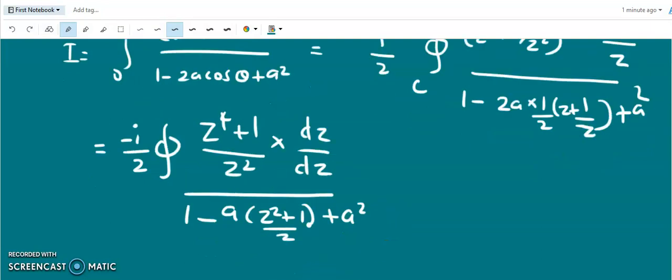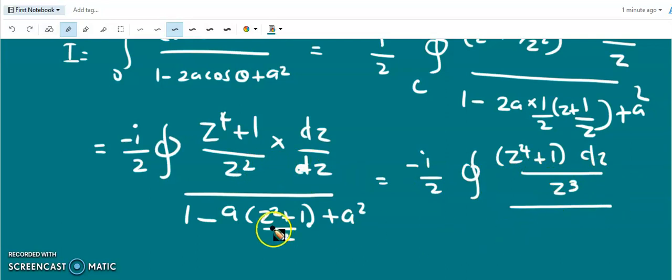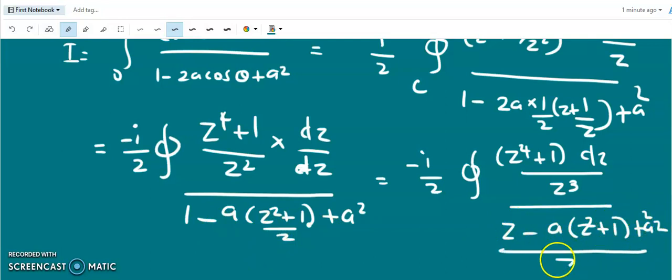Okay, so here you can take z as a common factor, and we get minus i by 2 closed integral z to the power 4 plus 1. Here you have z, so dz by z, sorry, z square into z is z cube, and here z is a common factor, z minus a z square plus 1 plus a square z, all divided by z.